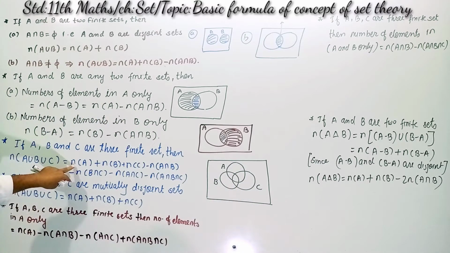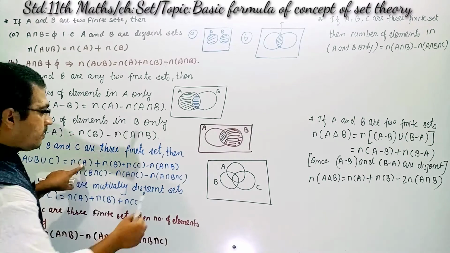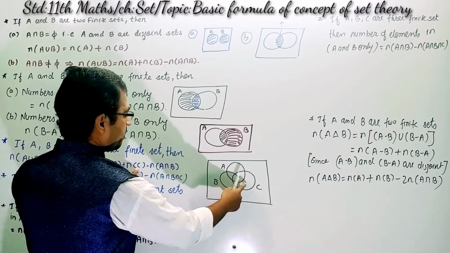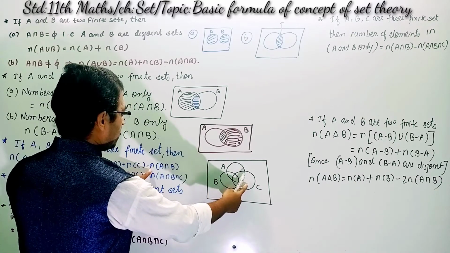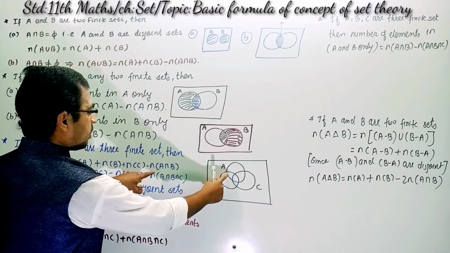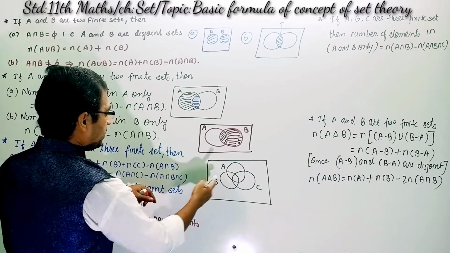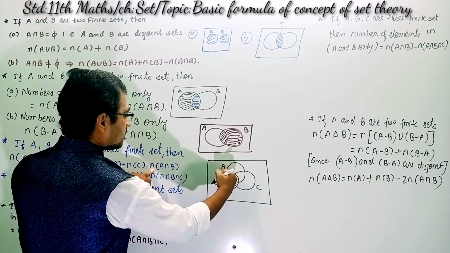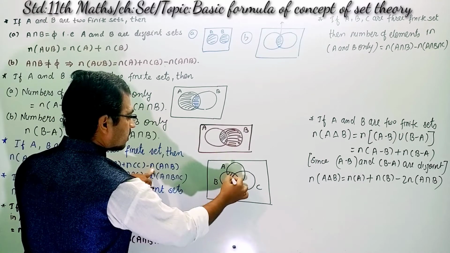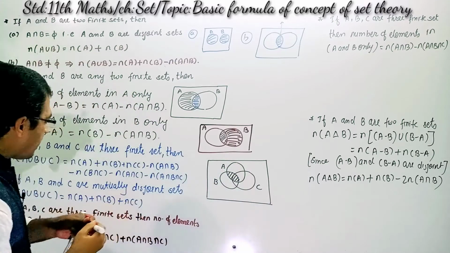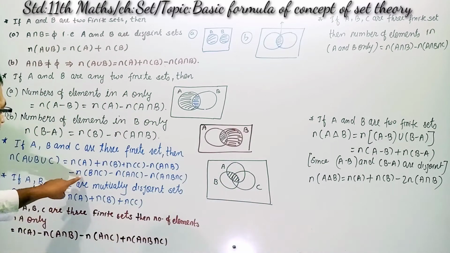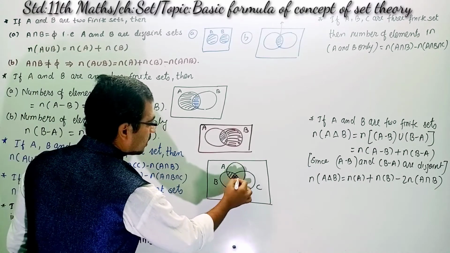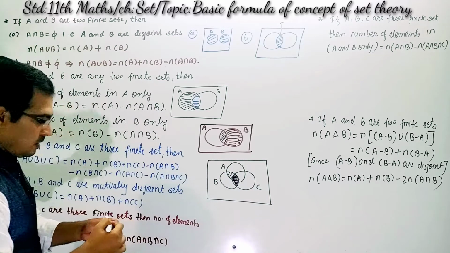So what will you write? The number of elements of A, this one, plus the number of elements of B, plus the number of elements of C, minus, you will have to remove the number of elements of A intersection B, this part, right? Minus the number of elements of B intersection C, so this part is B intersection C, right?